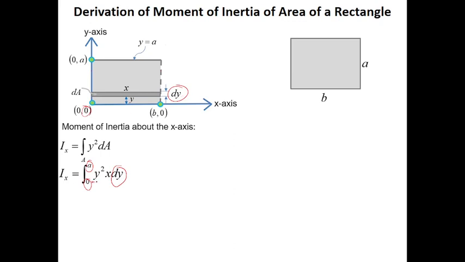Ito yung y sub 1, ito yung y sub 2. Okay? Kasi ang y natin ito, di ba? So, magsisimula siya sa 0 hanggang umabot siya sa pinakataas. Ayan, sa pinakataas. Ang pinakataas, ang y value mo ay a. Ayun, di ba? Mula 0 hanggang sa pinakataas. So, from 0 to a. Okay? Ganun siya.